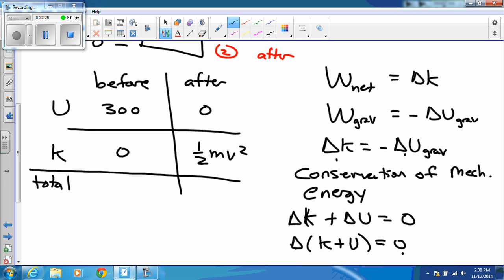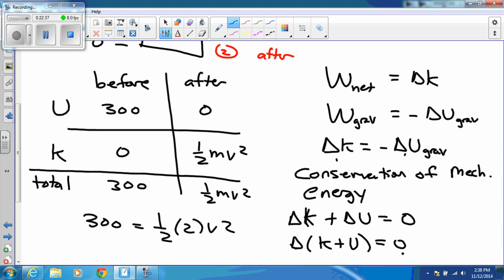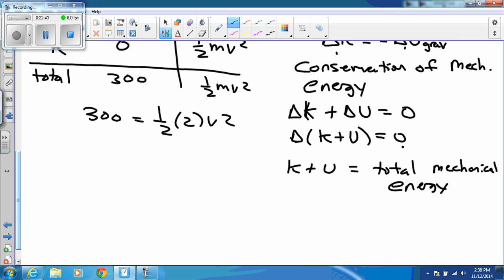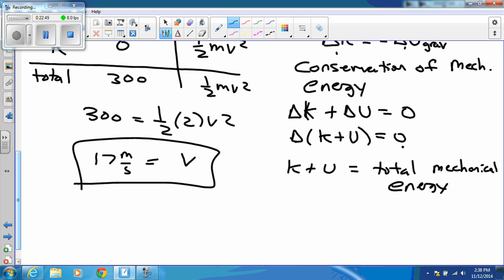And in fact, I'm just about to, because now I total up this column to get the total energy before, and I total up this column to get the total energy after, and those two must be equal. And here I substitute my 2 kilograms for mass. And then you can just find the velocity. And then you can find the speed. That's right. Notice it's speed that I'm finding and not velocity.